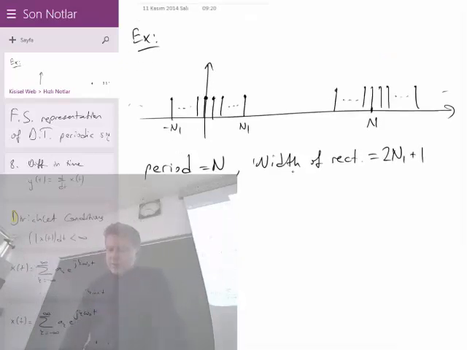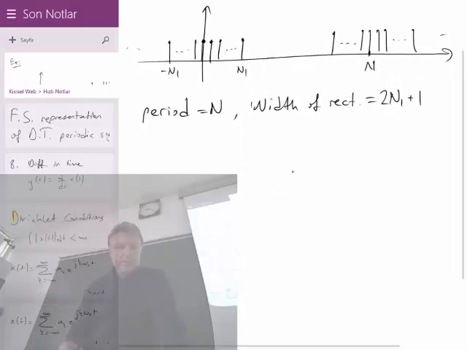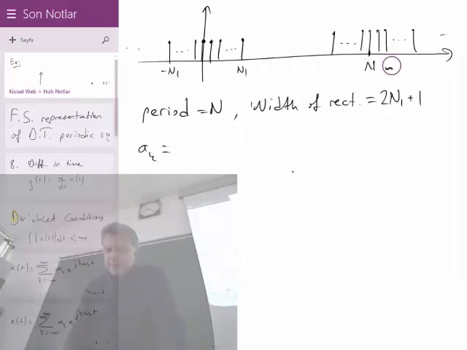So what are the Fourier series coefficients is the question we have to solve now, and let's write the formula.